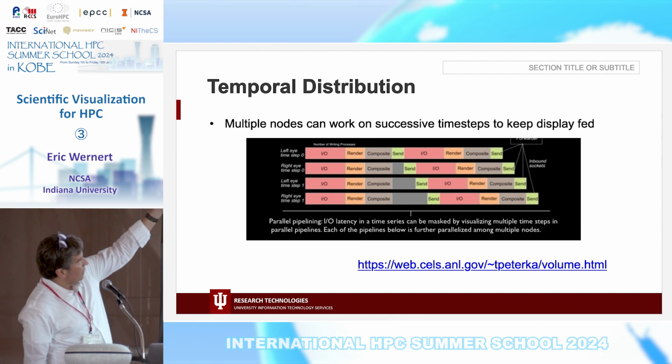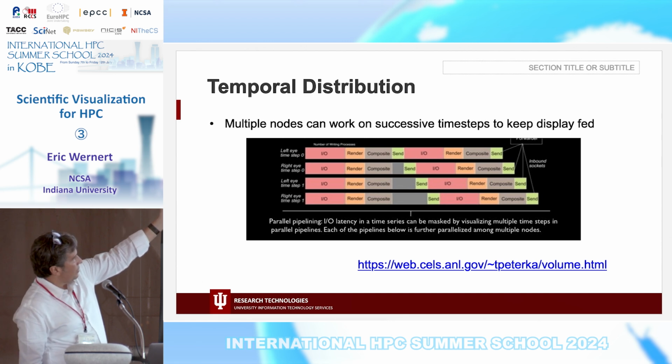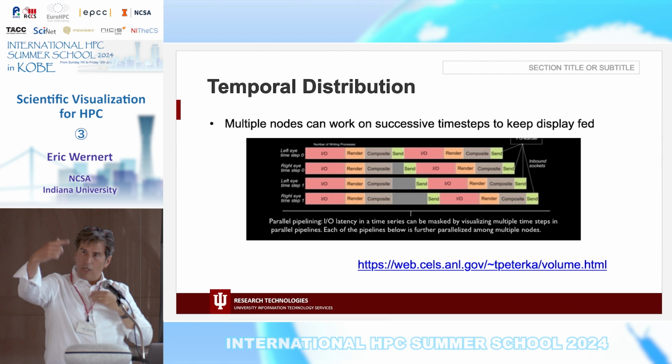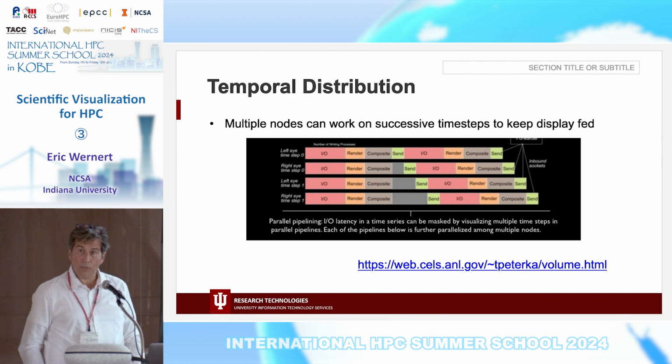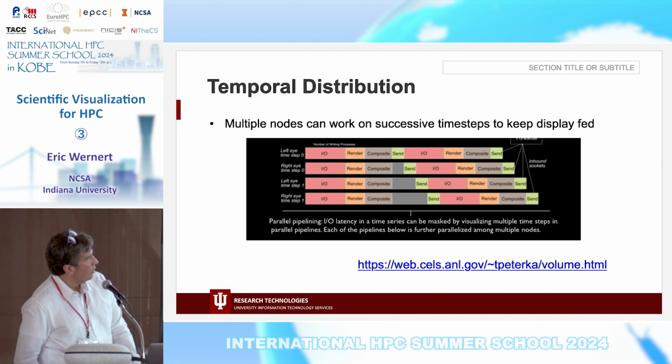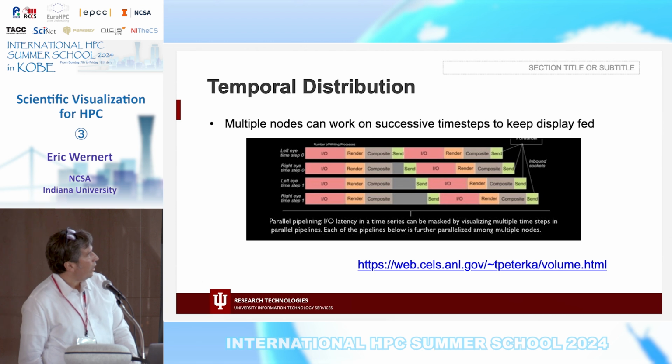So here it says time step 0, left eye, right eye, stereoscopic. Time step 1, left eye, right eye, so they can kind of go round robin. And so you could take 4 or 8 nodes, and that would be a way that you could keep your display fed while each one takes some amount of time.